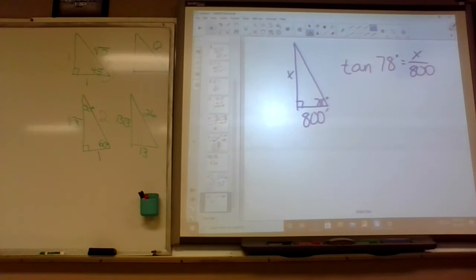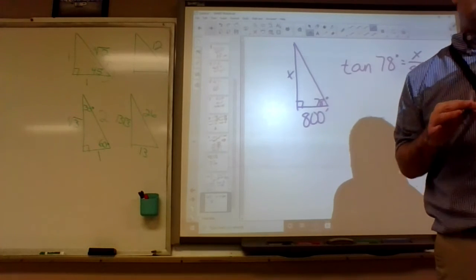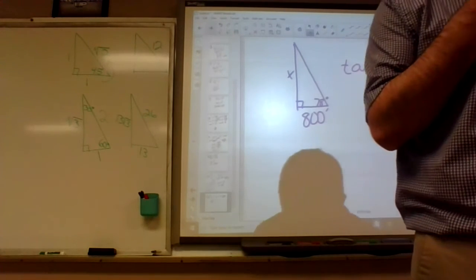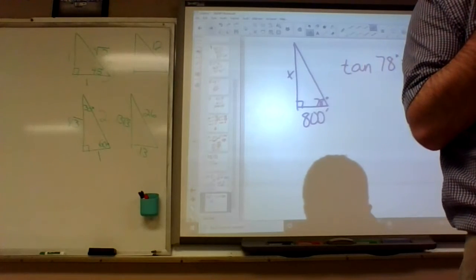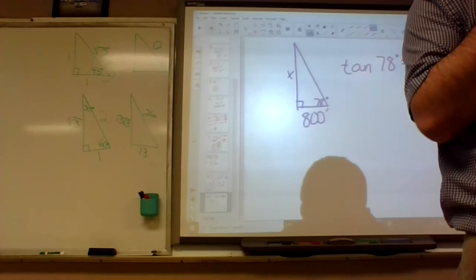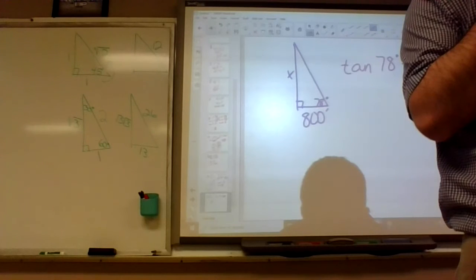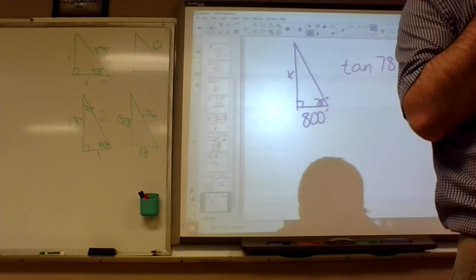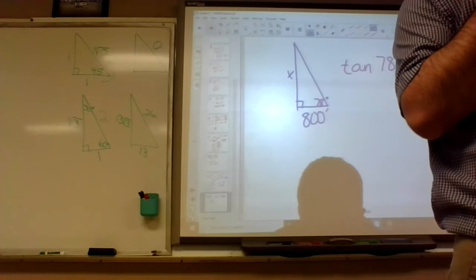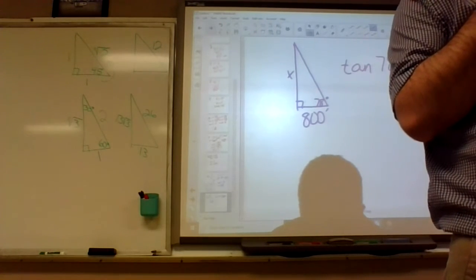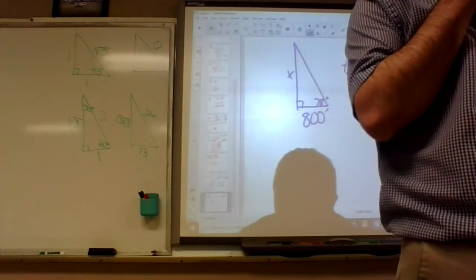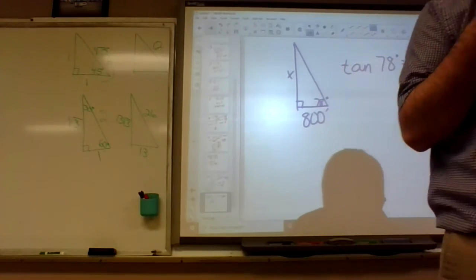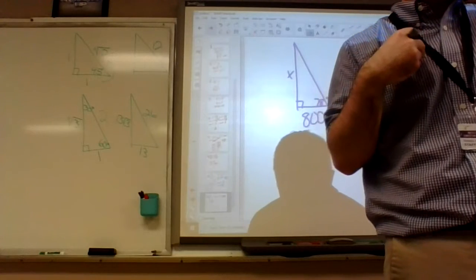Tangent of 78 times 800. Correct. They rounded to the 10th place on this one. First decimal place.